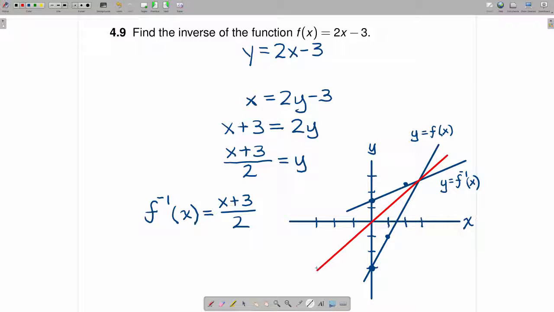And it turns out that a function, which is right here, and its inverse are simply mirror images across the line y equals x. So that's a long story about finding the inverse of the function f of x equals 2x minus 3.